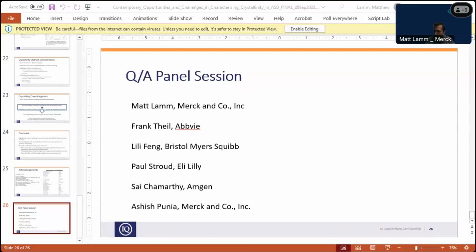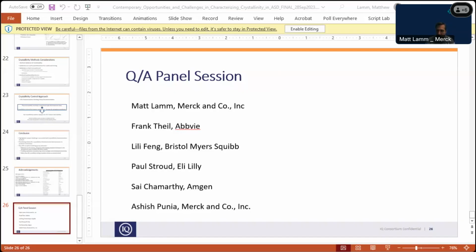Let's see, Sai, there was a question that says, what type of data package is needed to justify the scenario C, no testing? And has the working group done any survey or case study collection on this point? I'll quickly comment on the survey. The working group right now is in the middle of doing some benchmarking surveys around almost all aspects of amorphous solid dispersion, both formulation, development, and characterization.